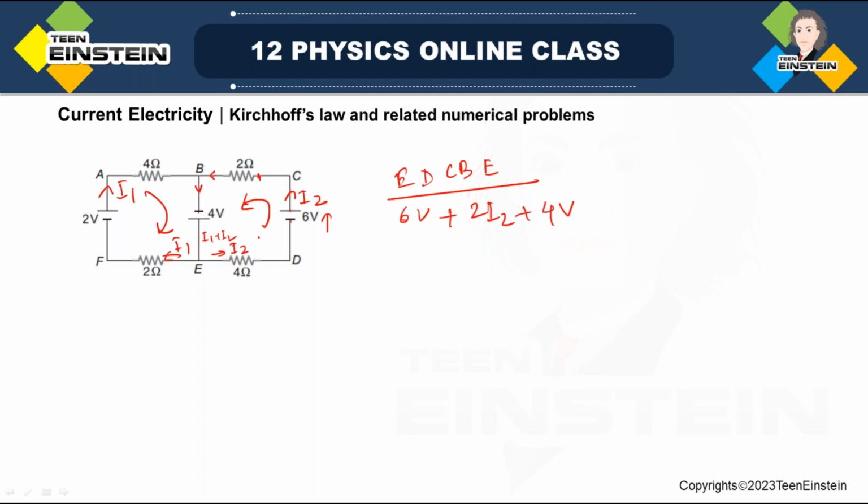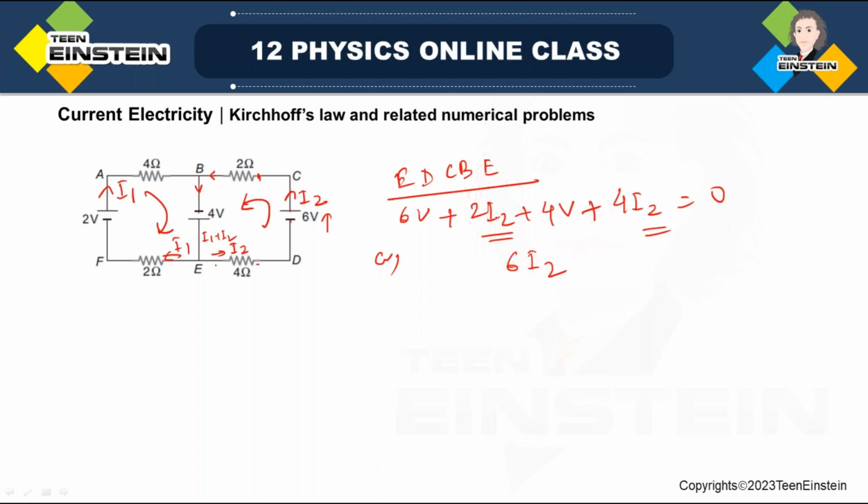And this one, we have taken this as low, so low to high this way. This will be also positive, so this will be 4I2 again. This is 0. That means this is 6I2.